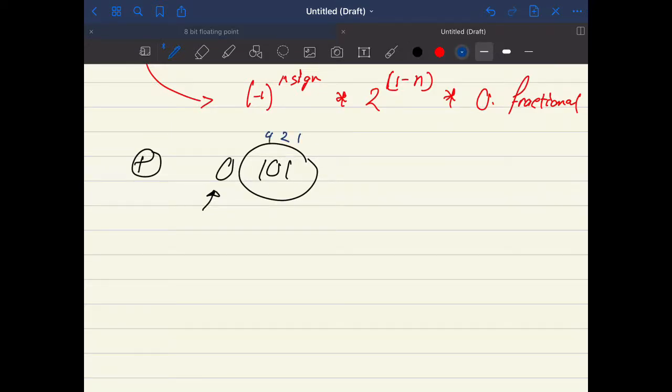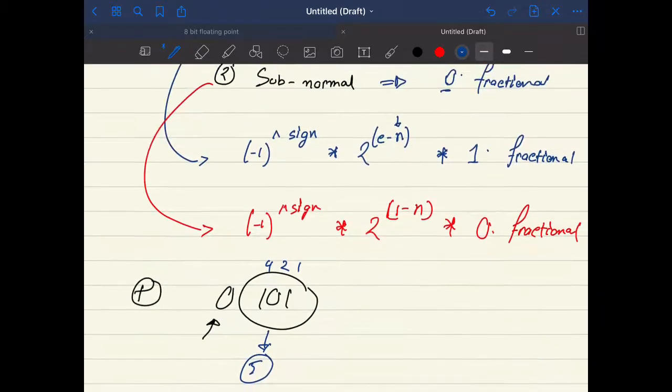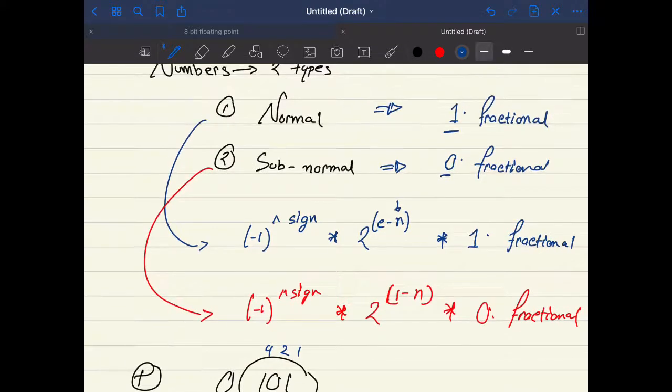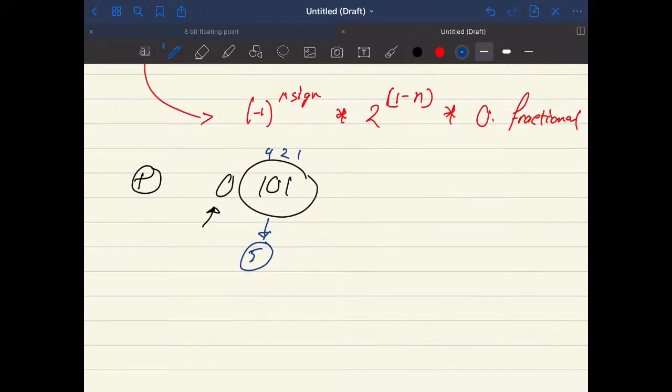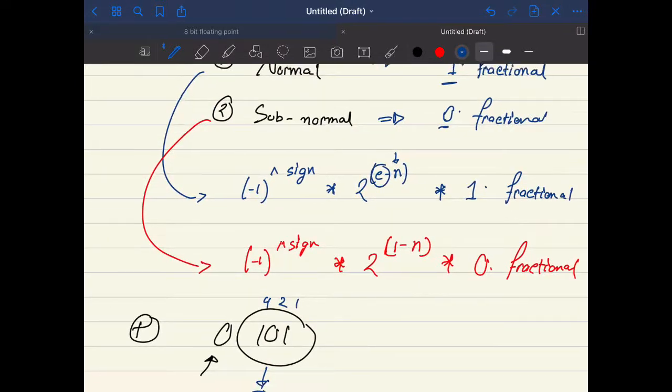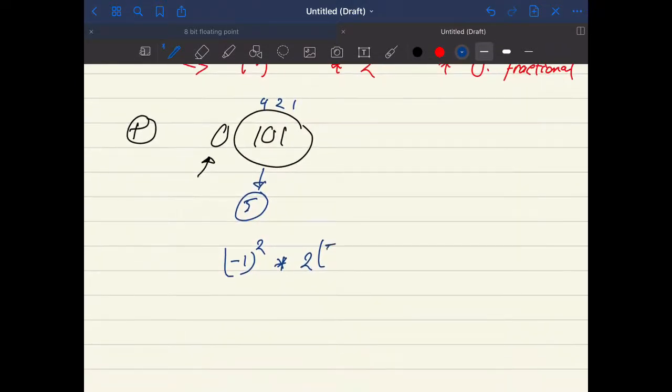So this represents 5. For normal numbers, we would have minus 1 to the power sign, into 2 to the power e. We said that we need the value of e, right? So e here would be 5 minus 3, into 1 and some fractional value here.